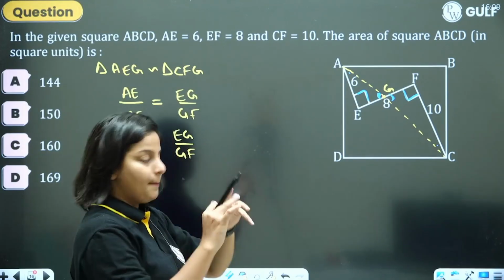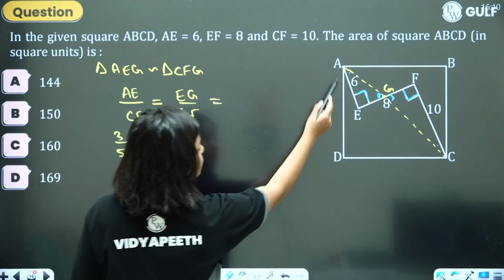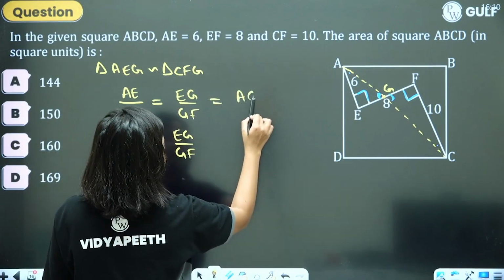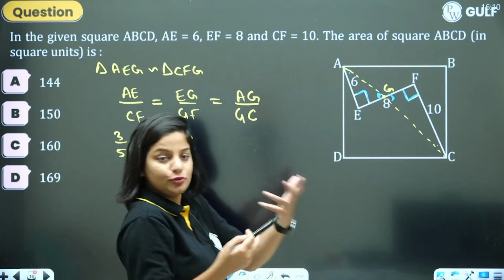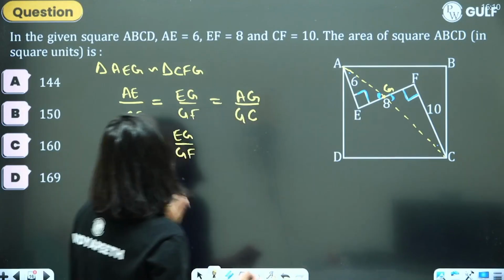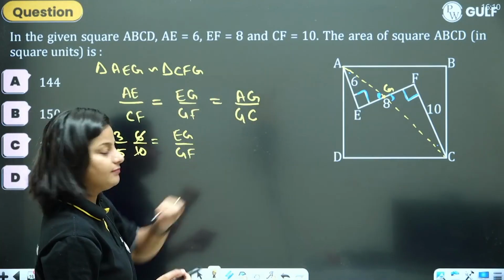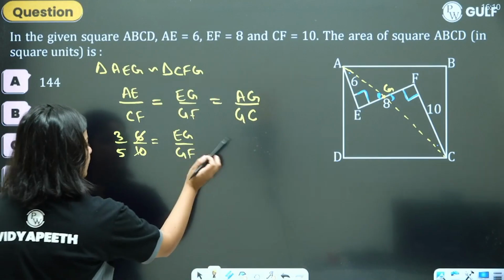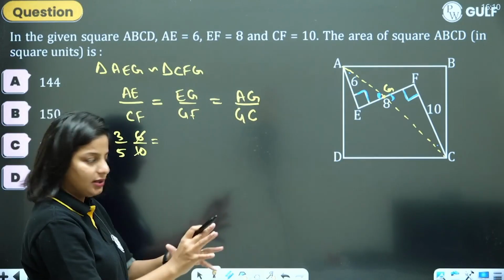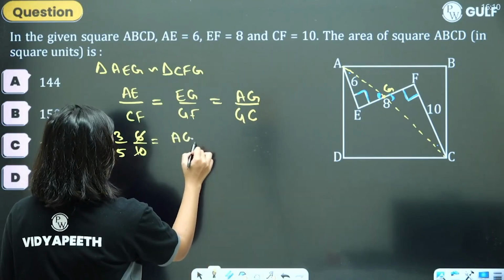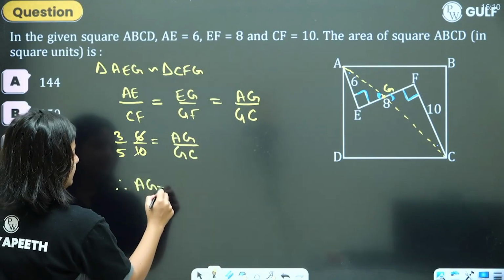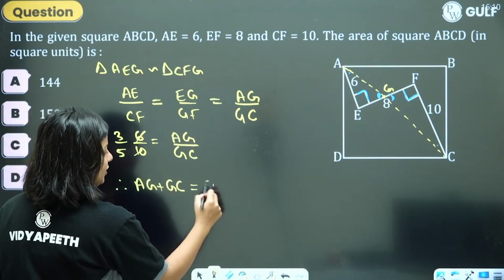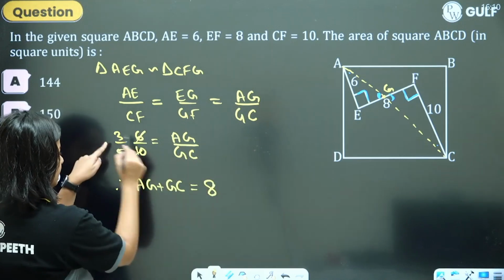But one more thing, children, AG upon GC, they will also be in proportion. AG upon GC, yes or no? I am not interested right now in AG upon GC. So therefore what will be AG plus GC? Equal to 8. Just add them.